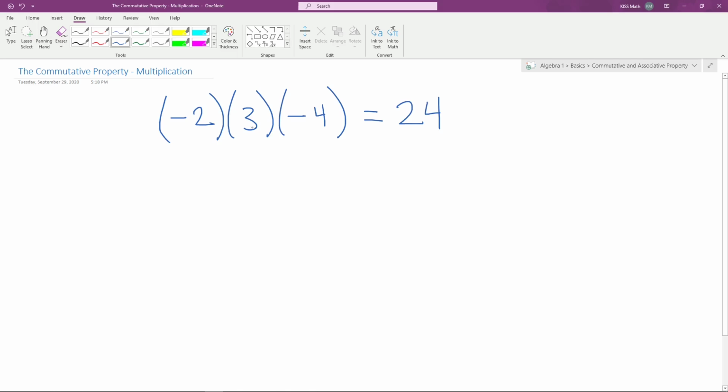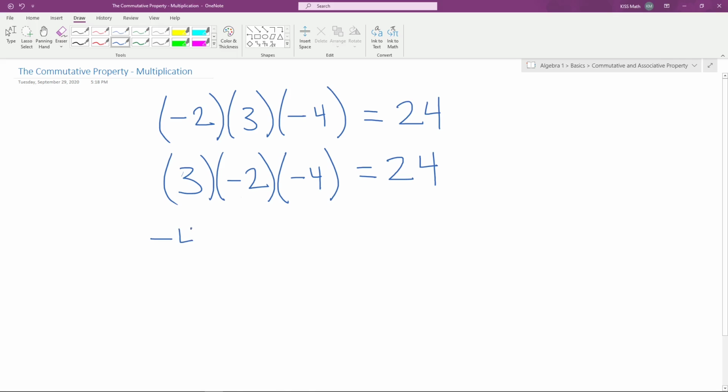So again, I could swap around these numbers in any order and I should get the same answer. So let's do 3 times a negative 2 times a negative 4. This would be 3 times negative 2 is negative 6 times negative 4 is a positive 24.